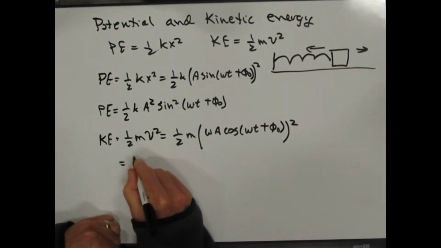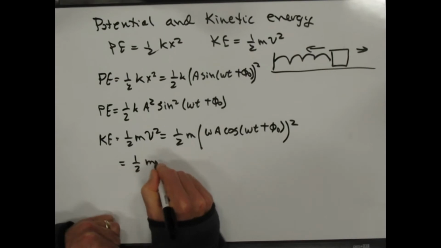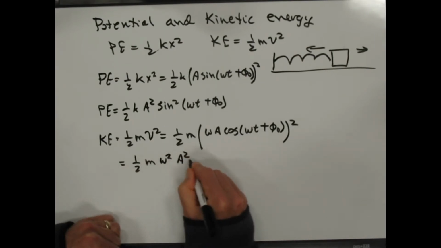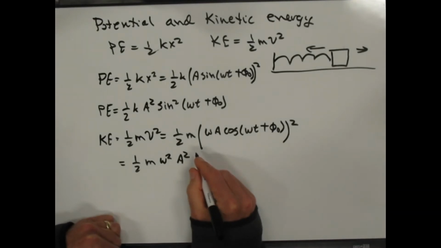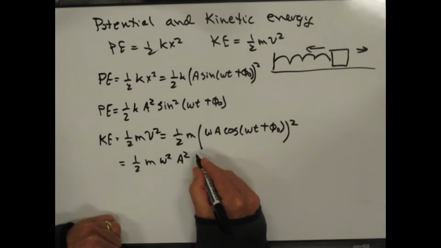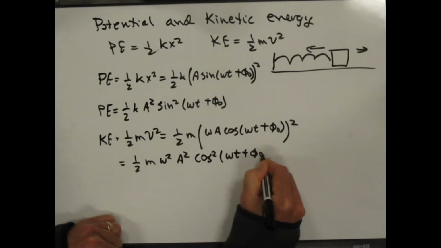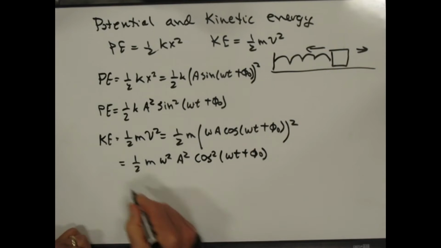And so that's 1/2 m omega squared A squared cosine squared of omega t plus phi naught.